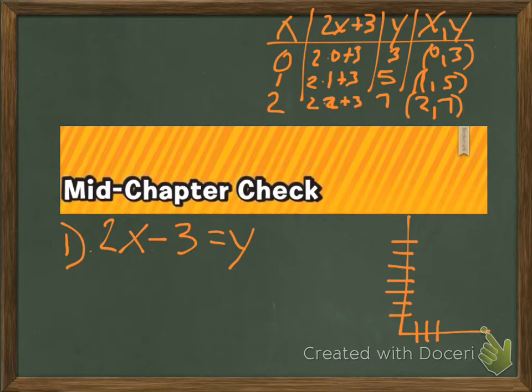I'm going to go over 0, up 3. Let me change the color. Up 3, that's my first one. Then over 1, up 5. And then over 2, up 7.